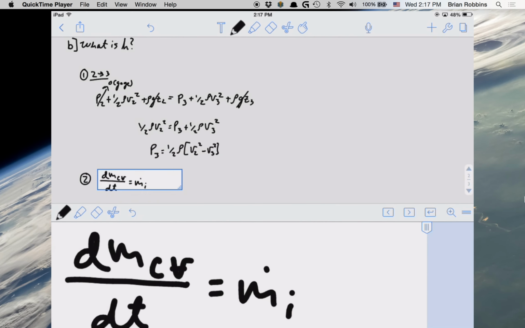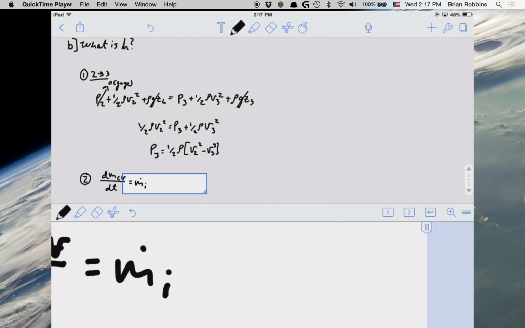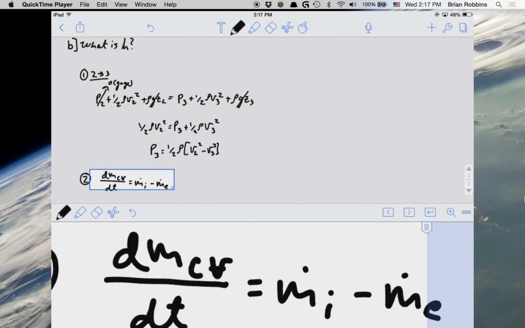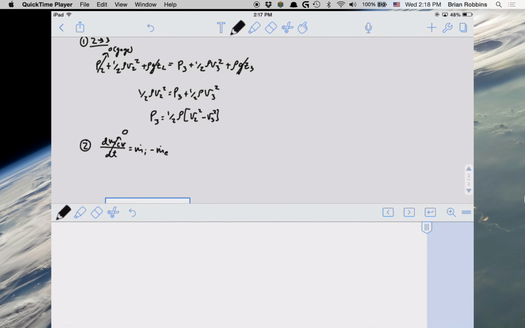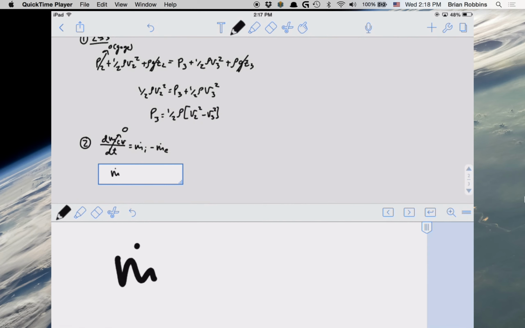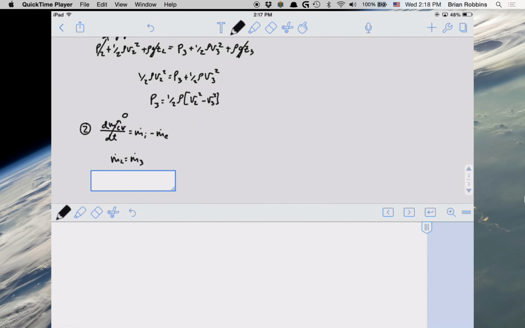Okay, so we have dm_CV/dt is equal to m dot inlet minus m dot exit. We have to assume steady, and this just comes from the assumption list that we had listed above. And we get m dot 2 is equal to m dot 3. So now let's apply our full definition for the mass flow rate to both points 2 and 3.